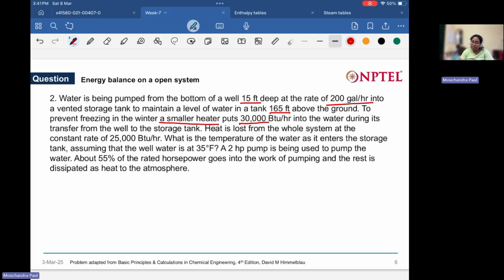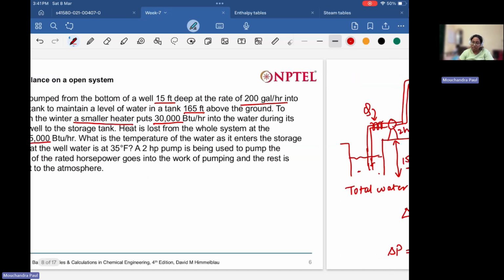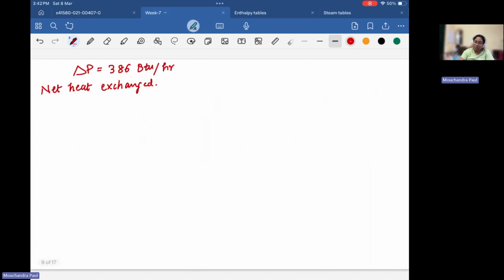And some heat is lost as well at the rate of 25,000 BTU per hour. So net heat exchanged, Q will be 30,000 minus 25,000. That is 5,000 BTU per hour heat is net remaining within the water.